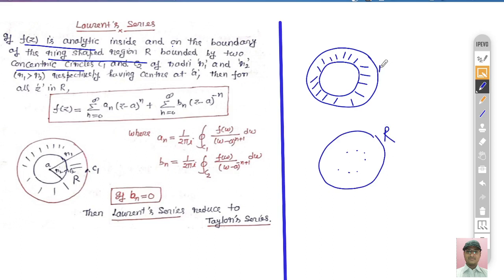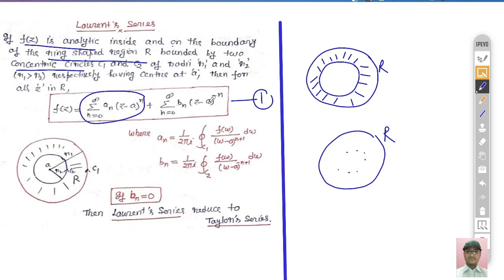But here, if you look, this is the Taylor series form, this equation is the Laurent series expansion, and if this part is only in this equation, then what will happen? It is basically the Taylor series.